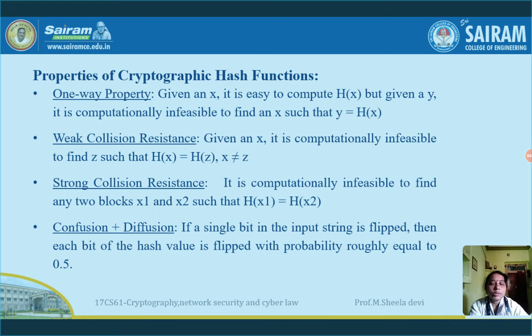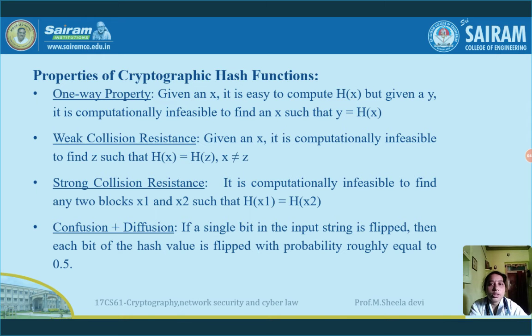So he cannot create a message digest which is equal to h of x. After applying the hashing on the message z, he will never get the same value as what you got after applying the hash on x. So the hash of x and the hash of z cannot be equal for two different messages. Is it clear?